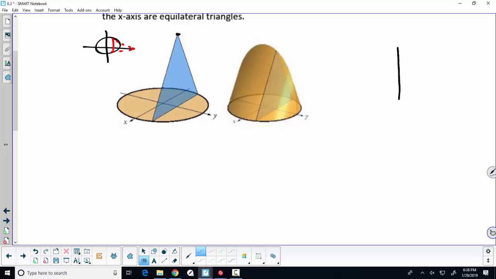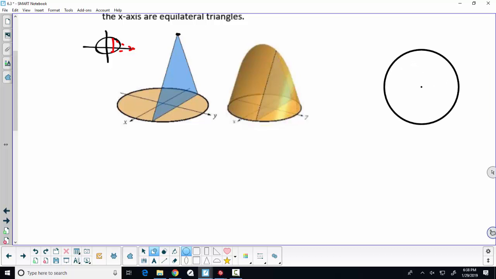Well, let me do this. So we already see the two-dimensional counterpart is a circle in the xy plane. So we have our circle, and just be mindful of the orientation as well.